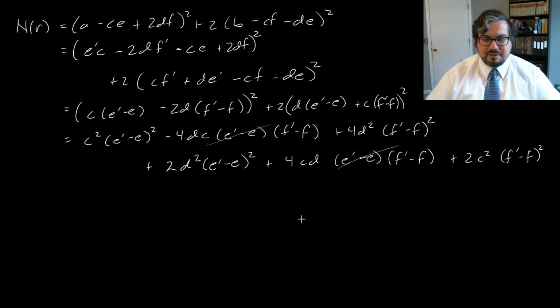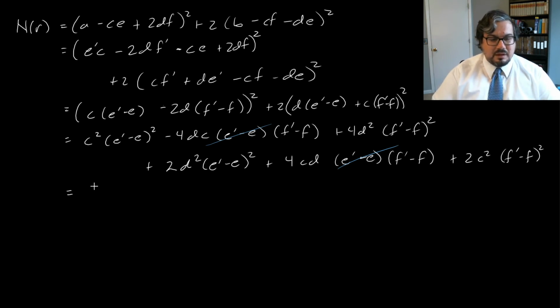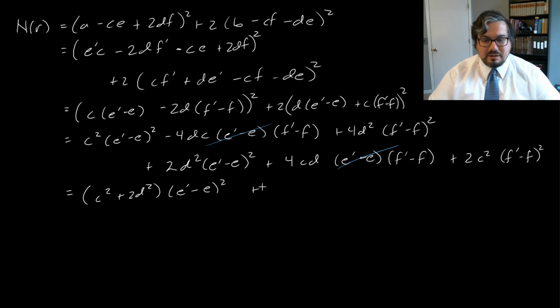We have that the second and fifth terms cancel, and then we can factor c squared plus 2d squared out of the two terms with e prime minus e squared, and then 2 times 4d times c squared plus 2d squared times f prime minus f squared.